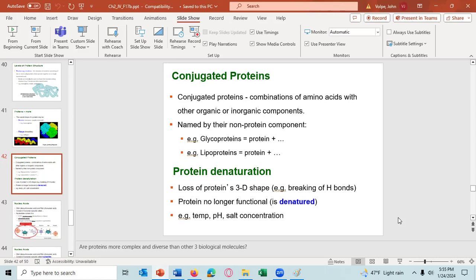Like when you put a protein, which should normally be at 37 degrees Celsius, that's body temperature, in the refrigerator, the protein can have hydrogen bonds forming that are not normally there when the protein is at 37 degrees and functioning. But the point is the protein is losing its three-dimensional shape. When the protein totally loses its three-dimensional shape, the protein will no longer be functional, and we say the protein is denatured.